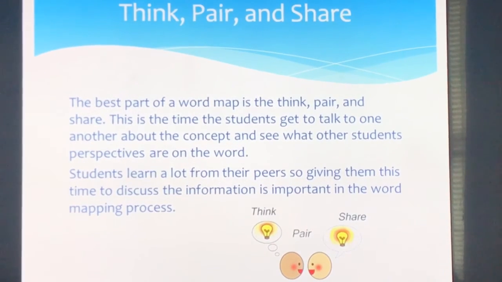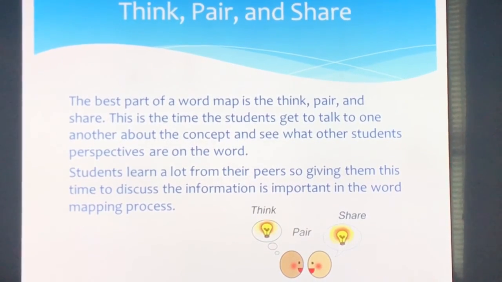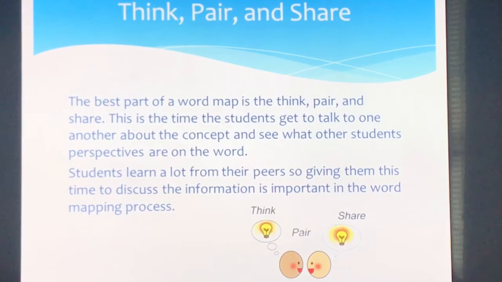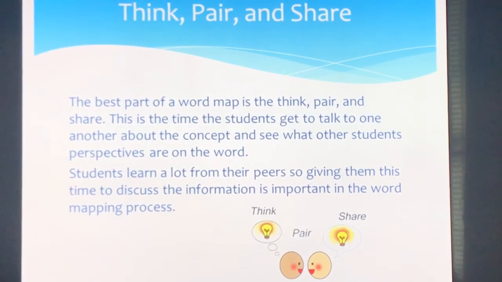An example of using think, pair, and share at the end: let's use the ping pong example I had for a word map. Students can get together afterwards and discuss maybe certain forehands or backhands that they use in ping pong. They can discuss maybe strategies about hitting it to the opposite side of the table than their opponent, things like that.